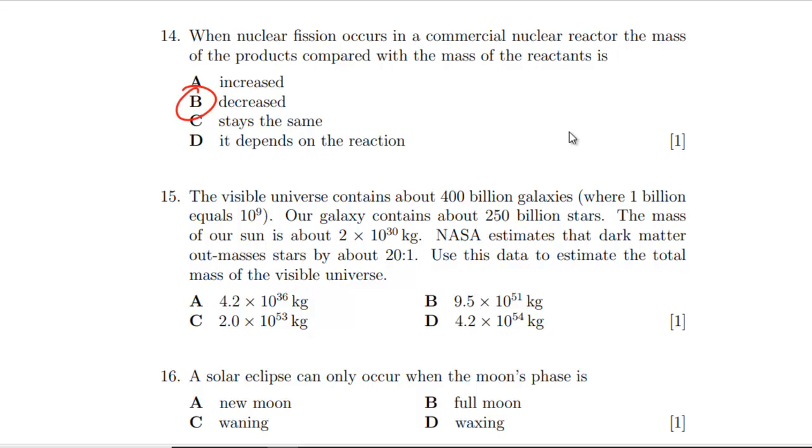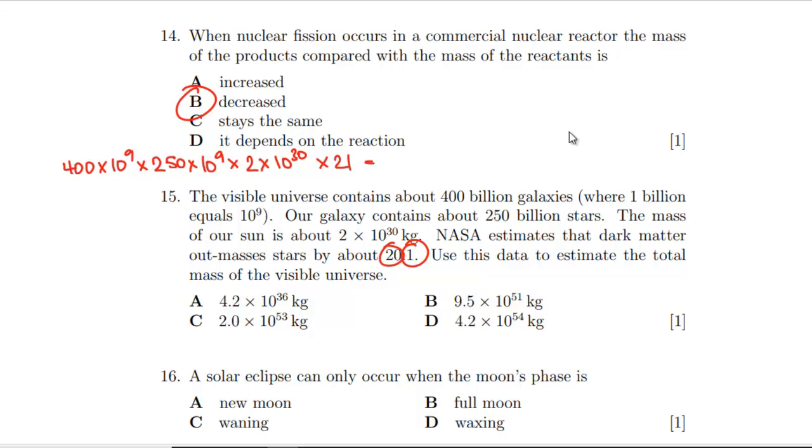Right, so our visible part is going to be 400 billion, so it's 400 times 10 to the 9. That's the number of galaxies. Then the number of stars in each galaxy, roughly speaking. Then the mass of each star, so that's 1. So we're going to need to multiply that by 21 to get the 20 plus the 1 in the ratio.